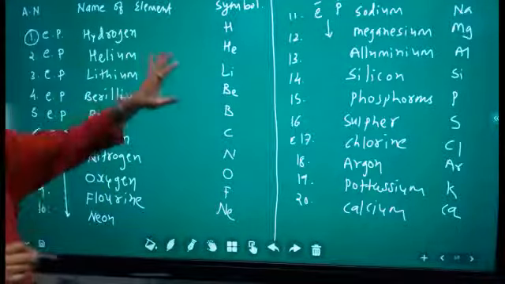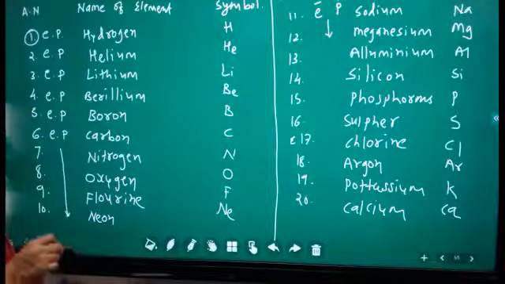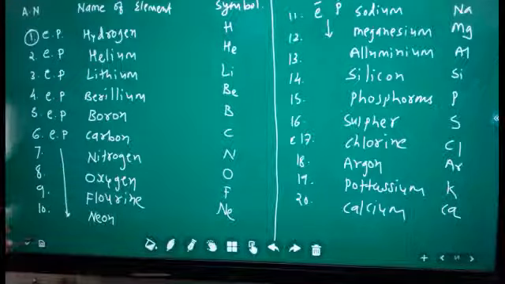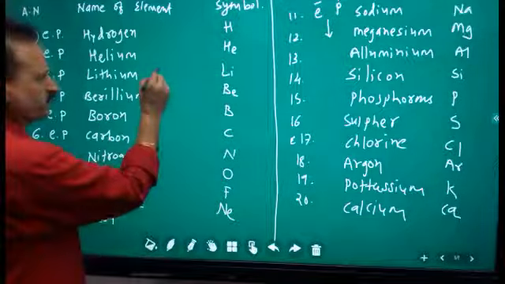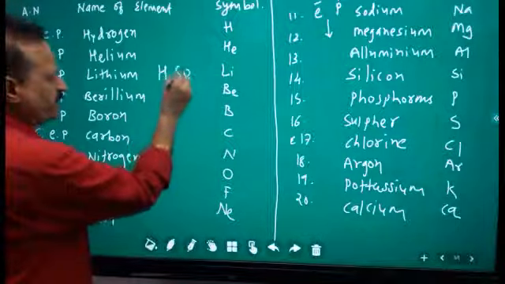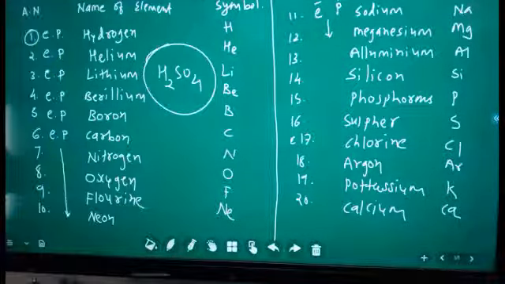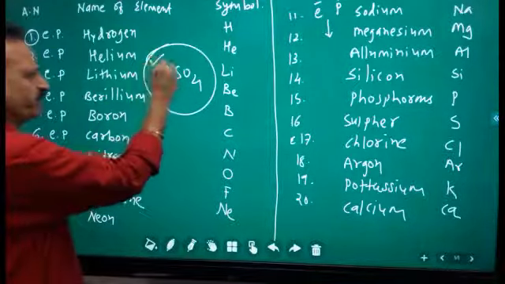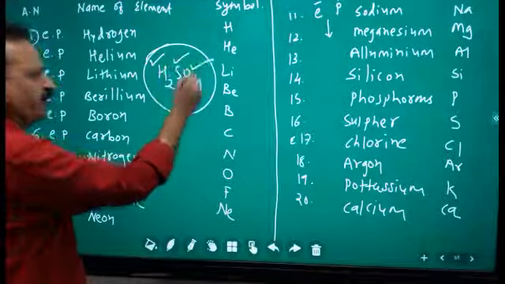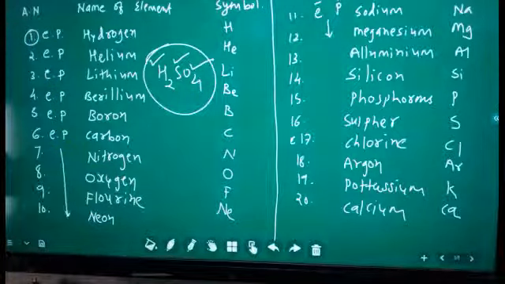So this is the simple but important list of the first 20 elements that will help you understand chemistry. Suppose you want to write any formula, suppose sulfuric acid, then the first 20 elements are present in sulfuric acid: hydrogen atomic number 1, sulfur atomic number 16, oxygen atomic number 8.